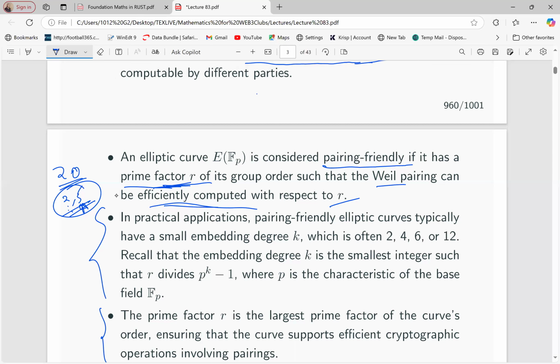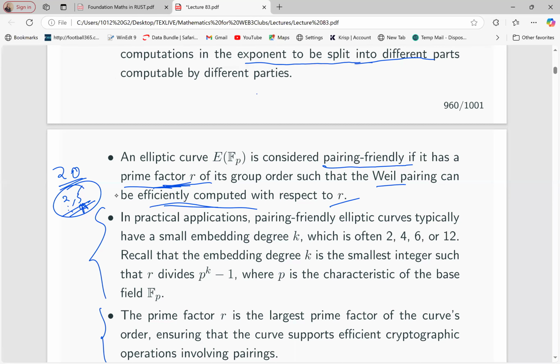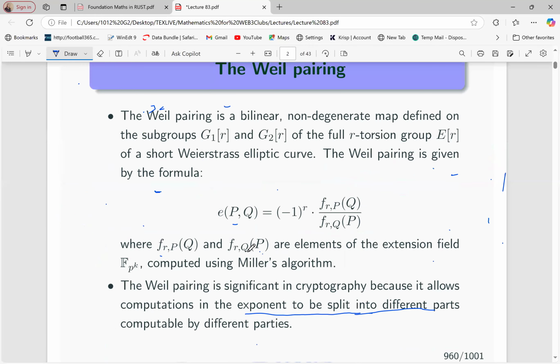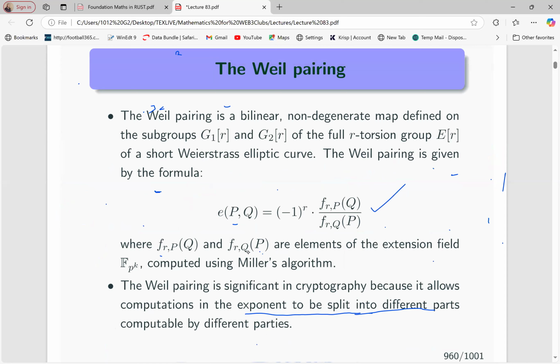And I'll repeat the example we looked at last time. The example was the elliptic curve 1, 1, mod 5. We discovered that our R here is 3. And since R is 3, when you are computing this Weil pairing using Miller's algorithm, the denominator happens to become 0.